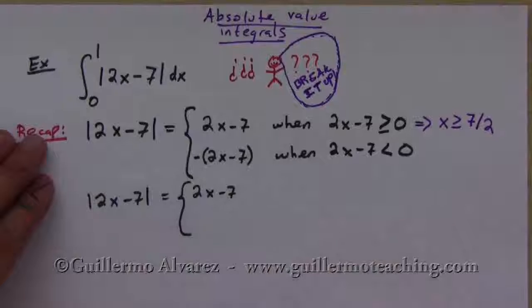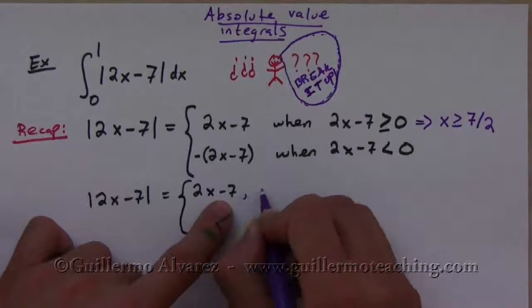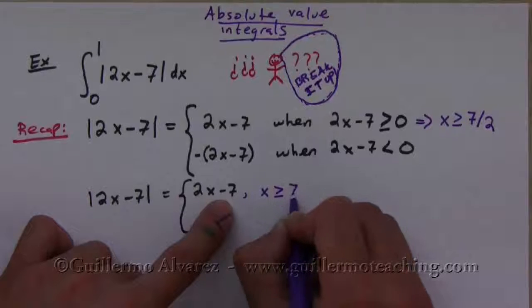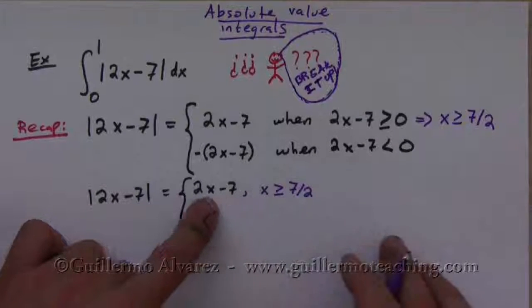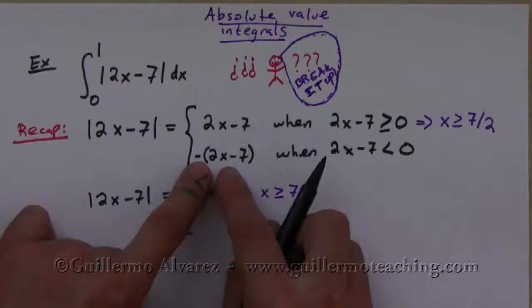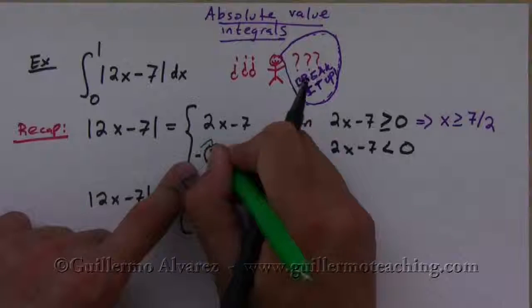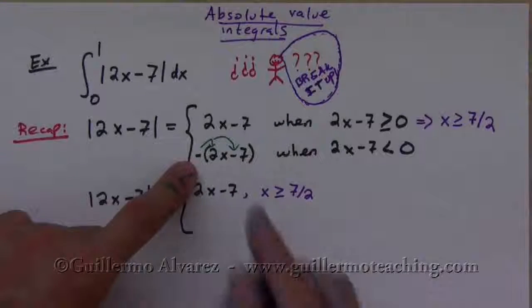So it's 2x minus 7 when x is greater than or equal to 7 over 2. Aha, now it's going to be negative (2x minus 7). If we distribute the negative sign, that'll make it easier for us.